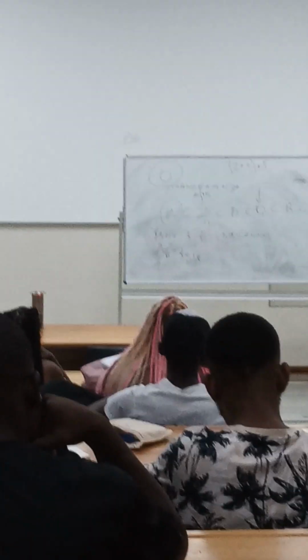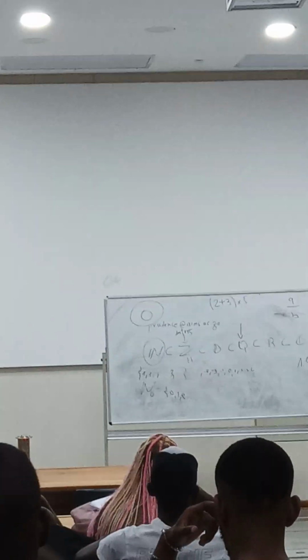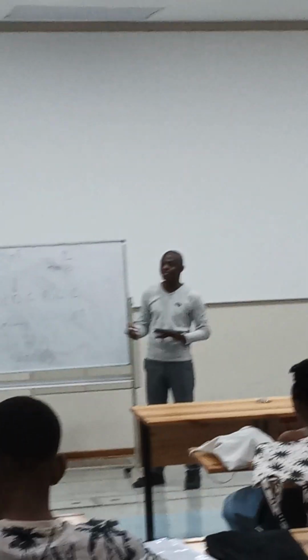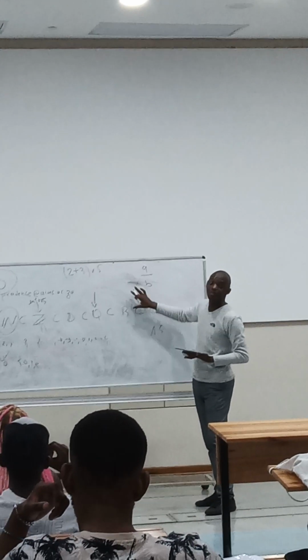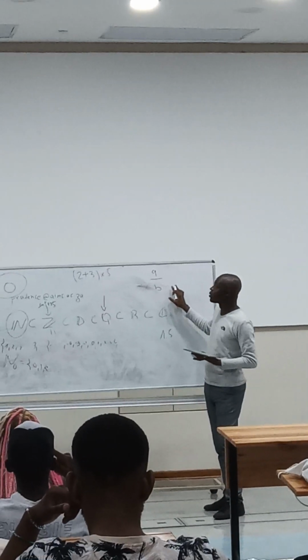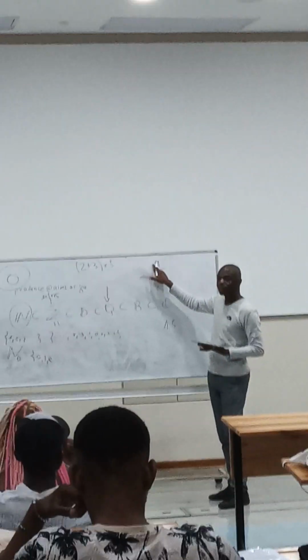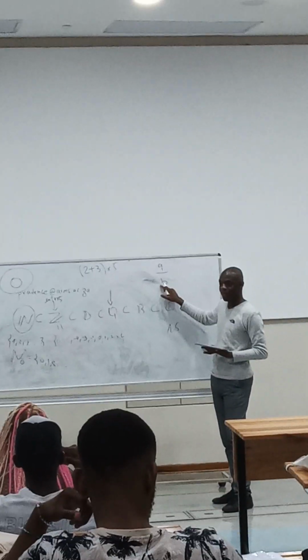And the rational numbers are usually of the form A over B. That's what we call rational numbers. As you can see, they have the numerator and the denominator. Okay?